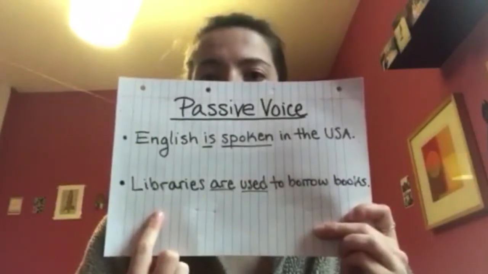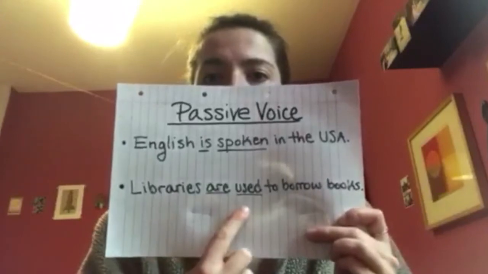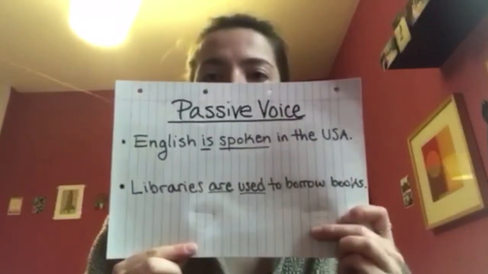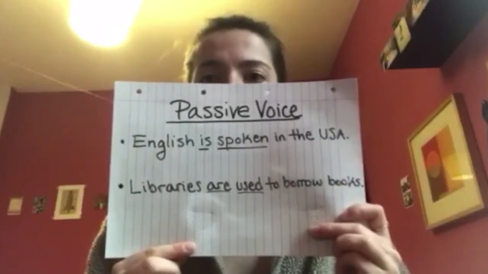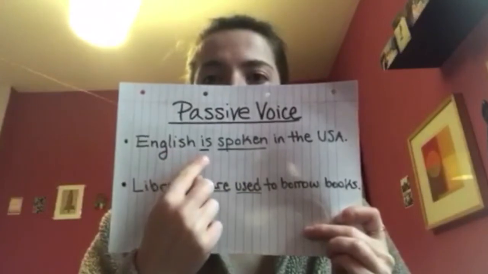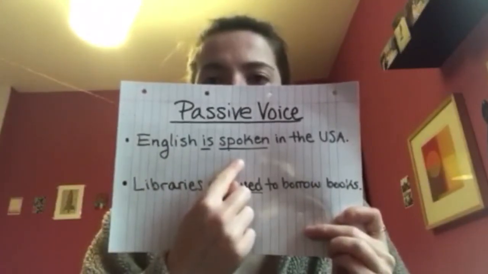So we use the passive voice to say, libraries are used to borrow books. In both of these examples, you'll see the same structure. The object, the verb to be, and the past participle. Now you know how to use the passive voice. Do the worksheets and give it a try.